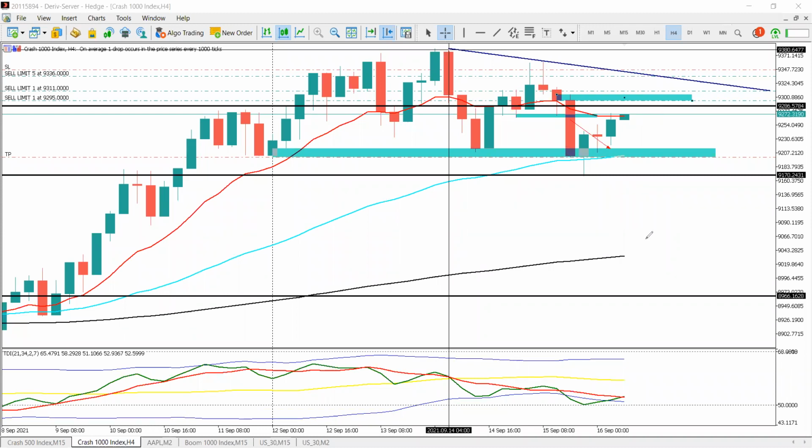So if we are to drop down again, before we drop down, I also want to pinpoint something in terms of zones. Remember, if you draw in your zone, this is the only way you can actually get entries which are a bit higher probability.